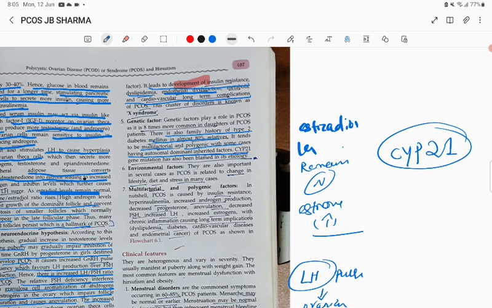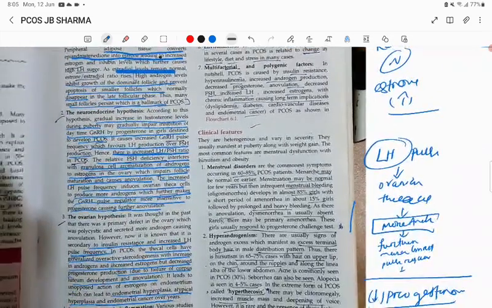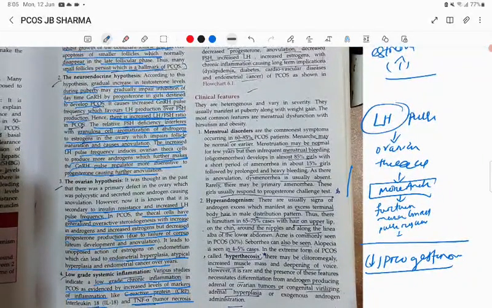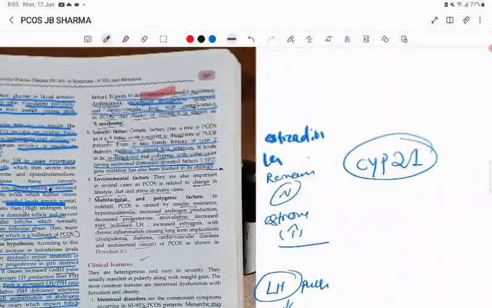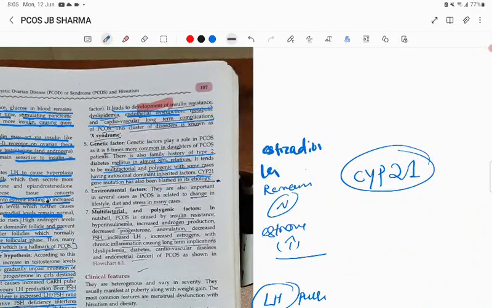The neuroendocrine hypothesis is the LH/FSH ratio imbalance that leads to anovulation and decreased progesterone. Then the ovarian hypothesis: because LH-induced FSH is not there, there is defective aromatization, failure of ovulation, theca cell hypertrophy, and steroidogenesis. Low-grade systemic inflammation involves interleukin 18 and TNF alpha, leading to metabolic syndrome X. Genetic factors: 8 times more common in daughters of PCOS patients, family history of type 2 diabetes in 80% of relatives, multifactorial polygenic, and CYP21 gene mutation has been blamed in etiology.